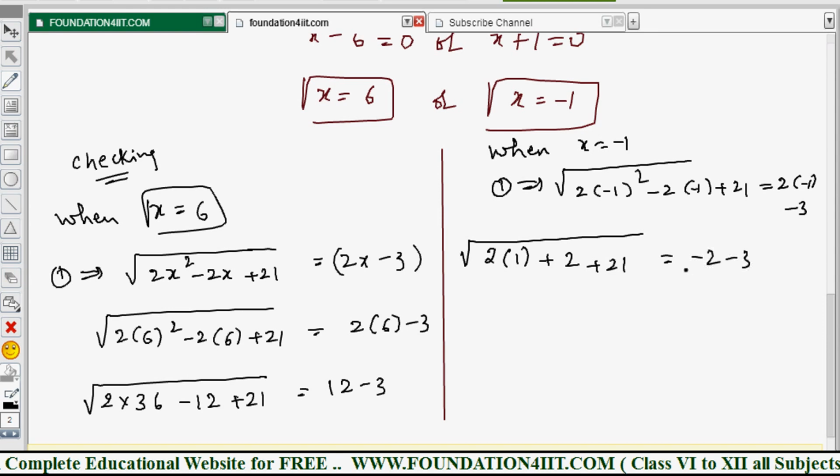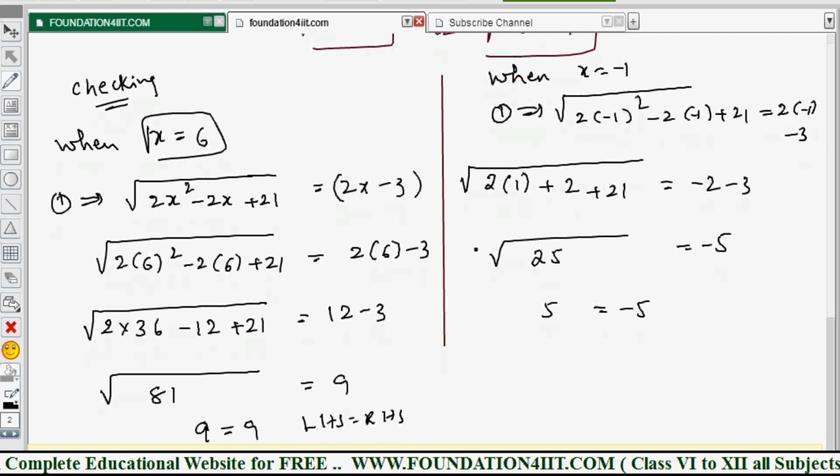Minus 2 minus 3. Right, this side we got minus 5, but this side is 2 plus 2, 4, and 21, so 25. Square root of 25 is 5, but the right side is minus 5. But 5 is not equal to minus 5.